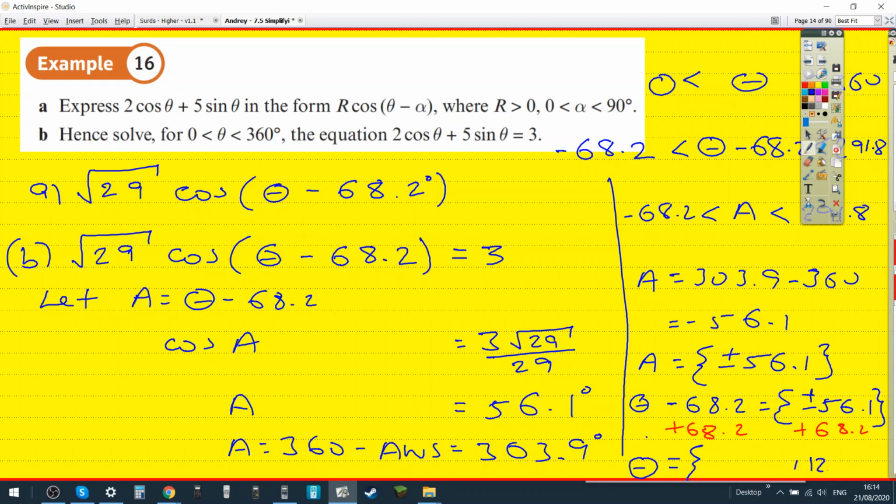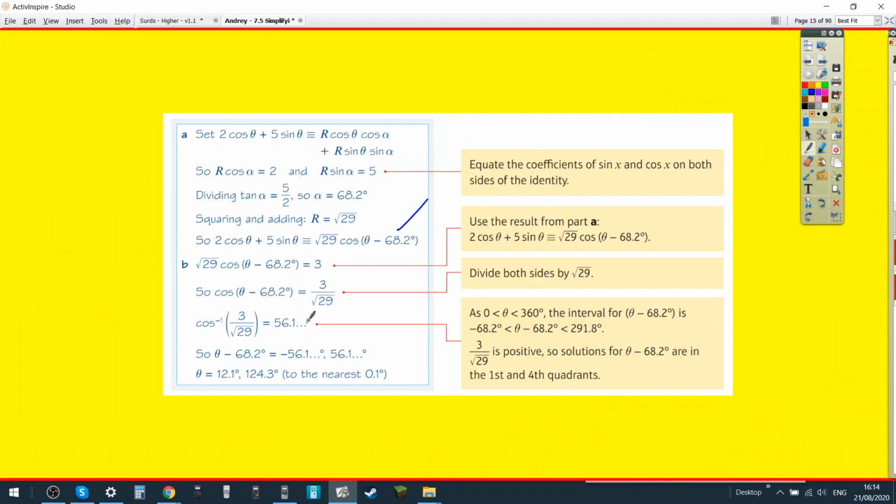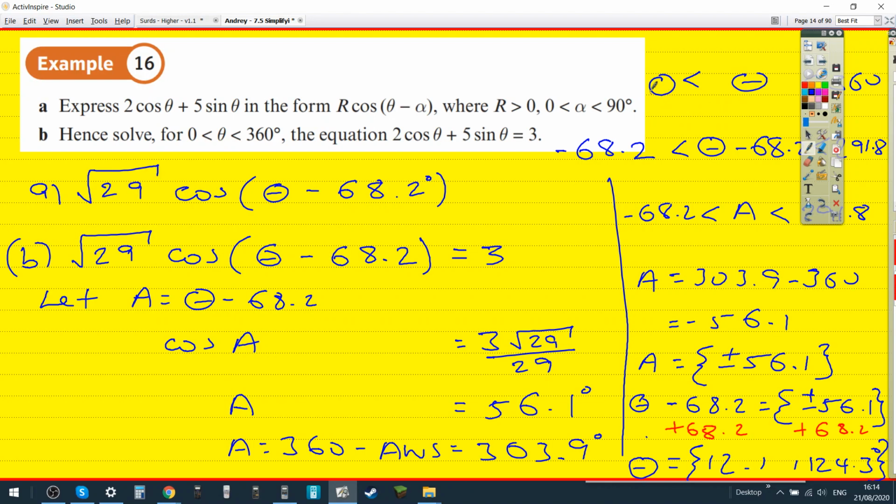Okay. And after that, I got 12.1. 12.1, 124.3. So big picture is hence.